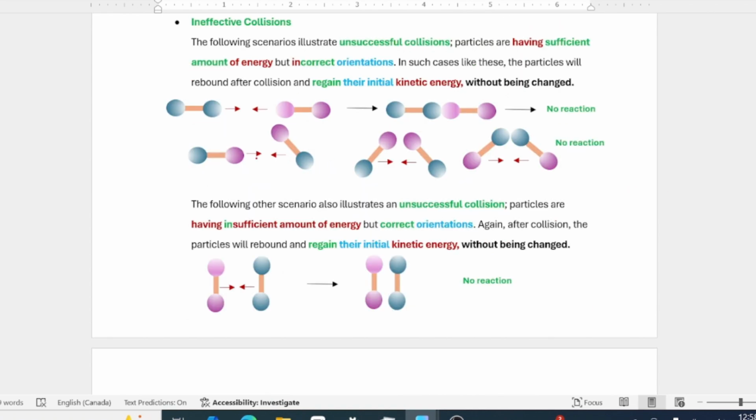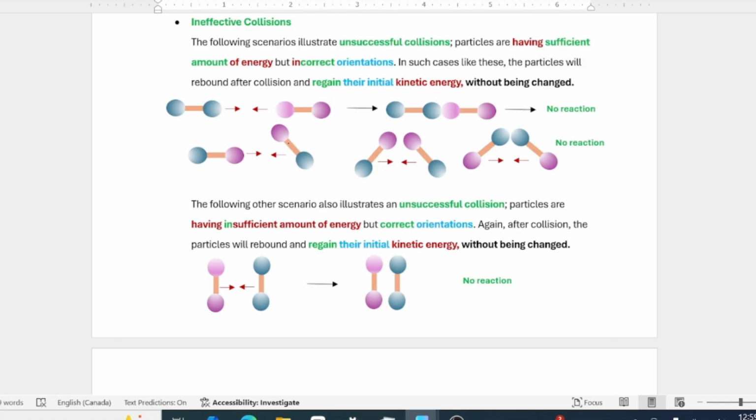So these scenarios here show how unsuccessful collisions happen. Particles are having sufficient amount of energy but incorrect orientations. In such cases like these, the particles will rebound after collision and regain their initial kinetic energy without being changed.